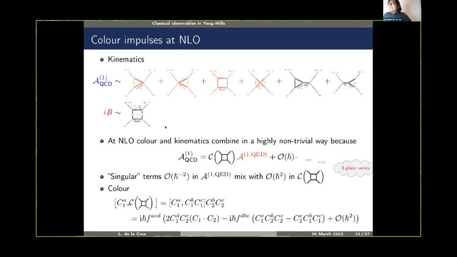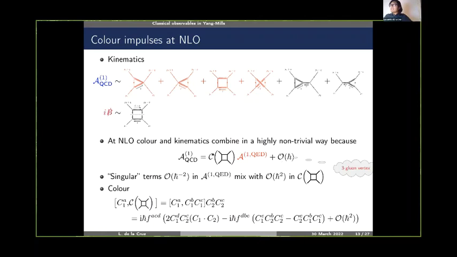What is interesting is that because of the h bar factors that appear in the three-gluon vertex, after counting powers of h bar, it turns out that the quantity that contributes in the classical limit is just given by these four diagrams, which are the same diagrams that you have to compute in the pure QED case.